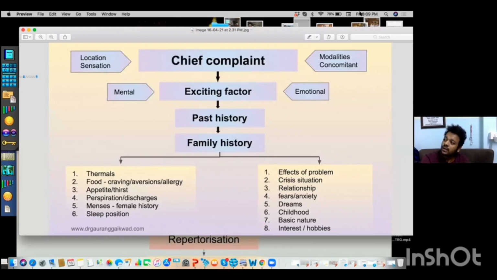I want to start my own thing. I want to be one with nature. This is what he wants to do. So sometimes understanding a person's basic interest, basic hobby, can tell you a lot about his basic nature.